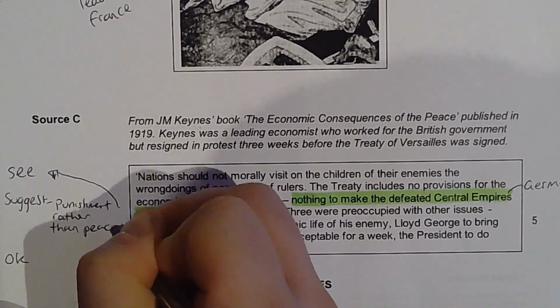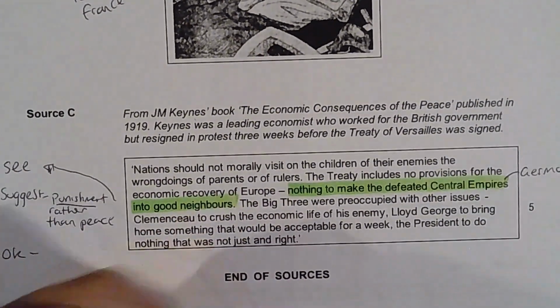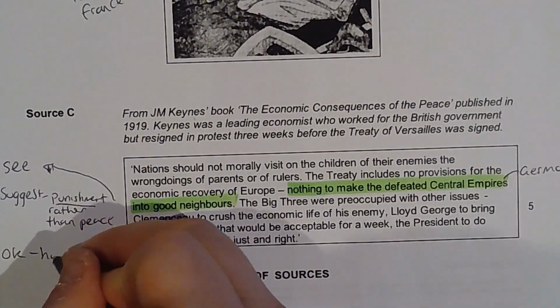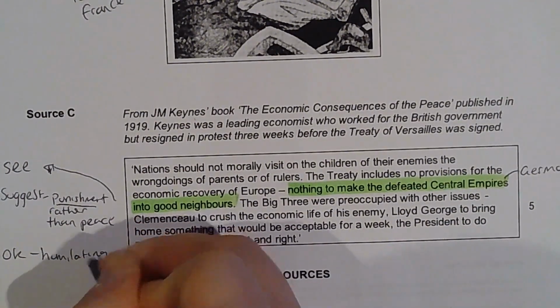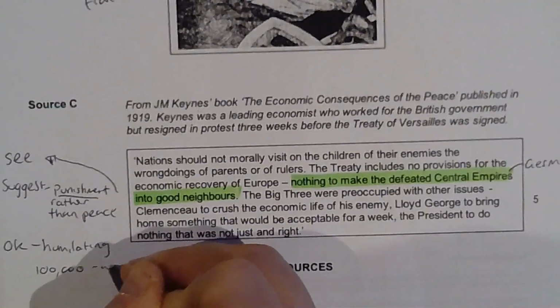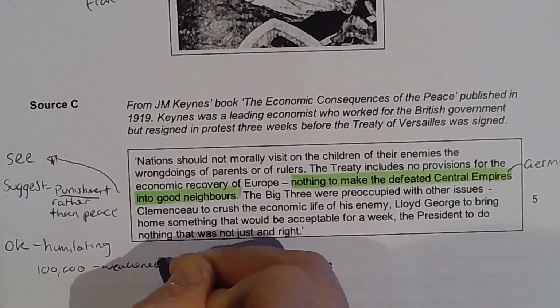How do we know then it is a punishment? What do I know from my own knowledge that it's a punishment rather than a peace deal? Well, I know that it was humiliating. I'm just going to jot down some notes again. 100,000 men was punishing. It weakens Germany. It embarrassed them.